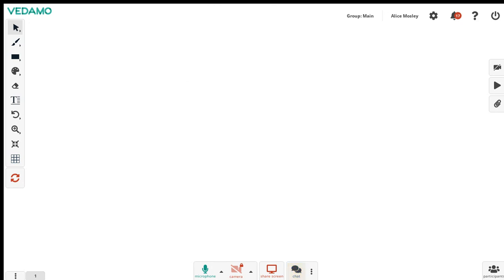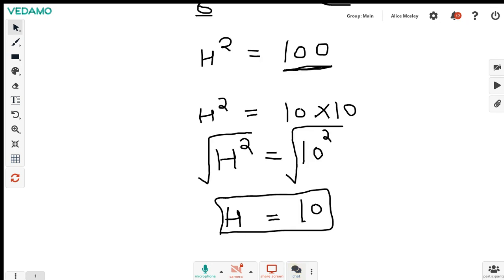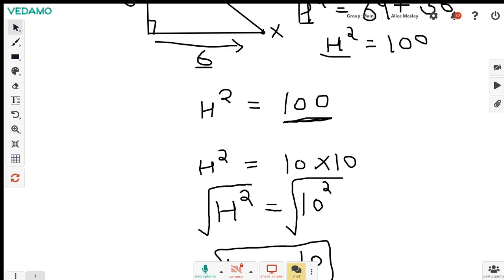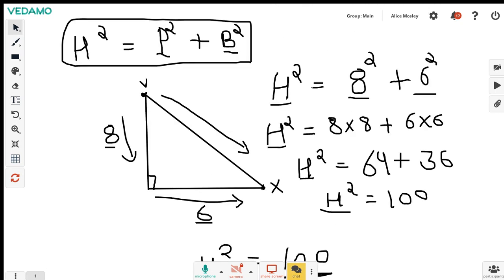No matter how many times I do this or write it, I'm still not going to be able to remember this. It's going to soon leave my mind. So what I suggest is you should always remember this formula and put in the values.